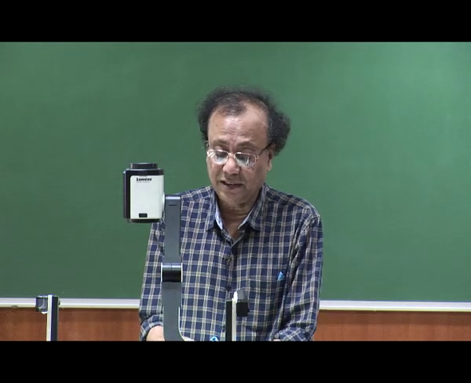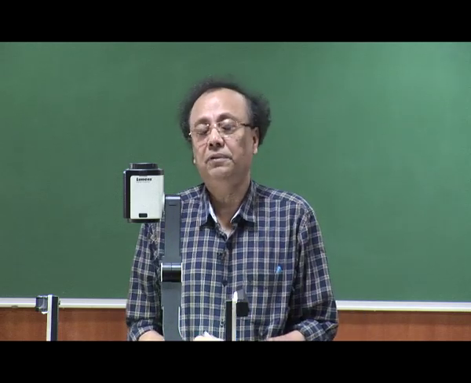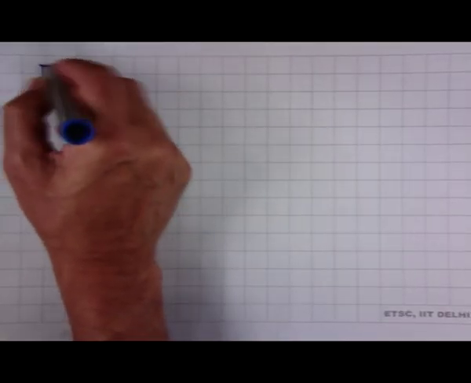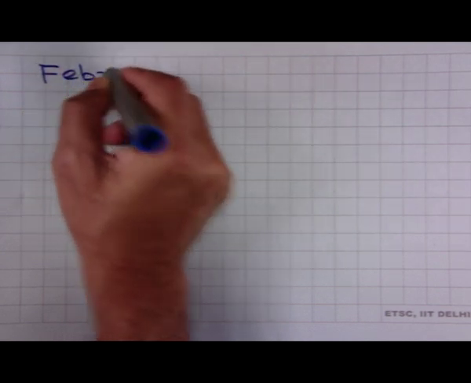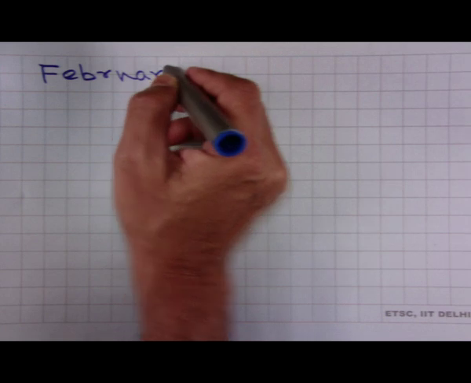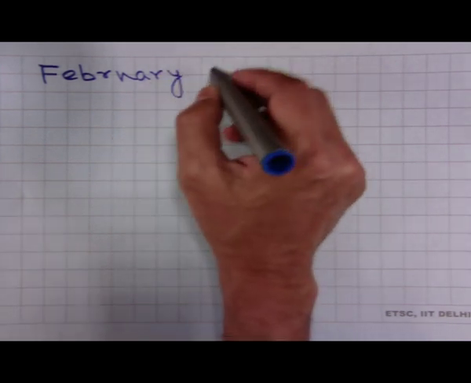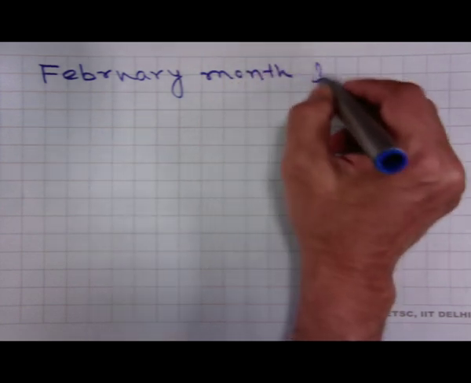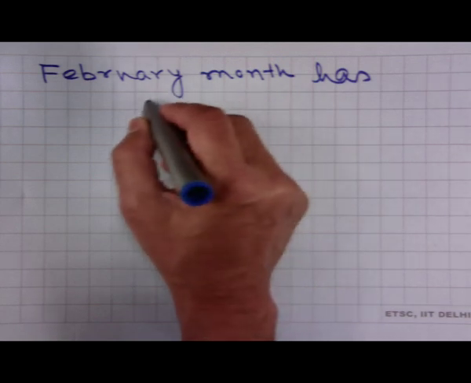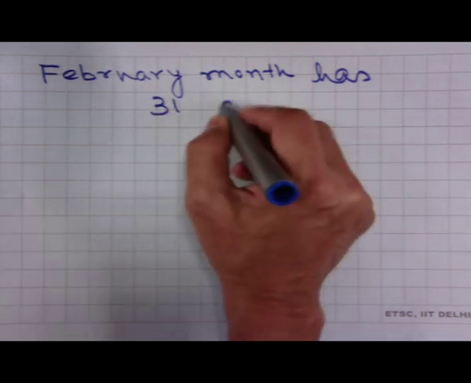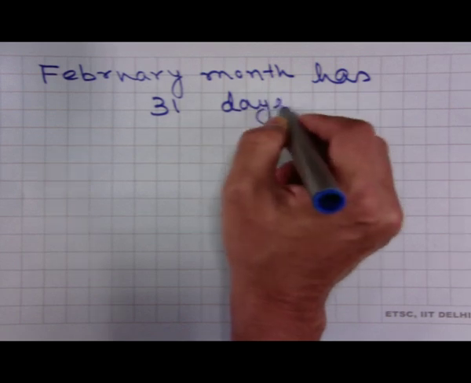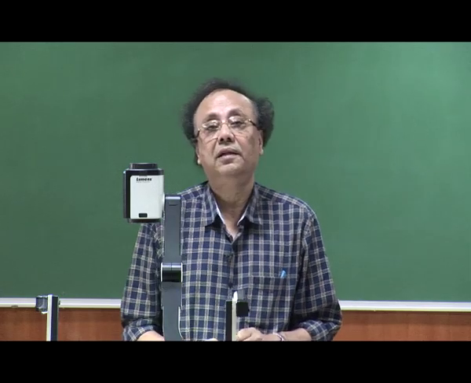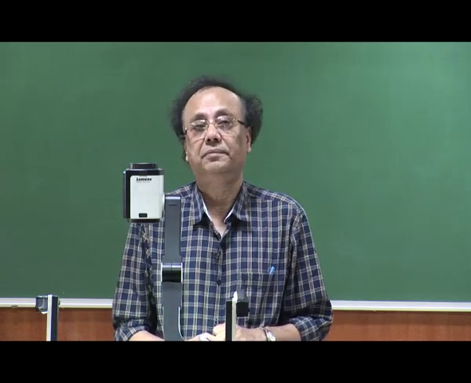Example sentences when the truth value is false. Suppose there is a sentence, the February month has 31 days.